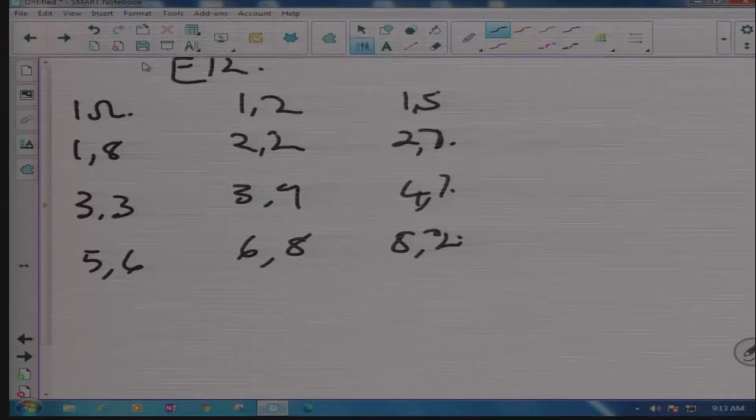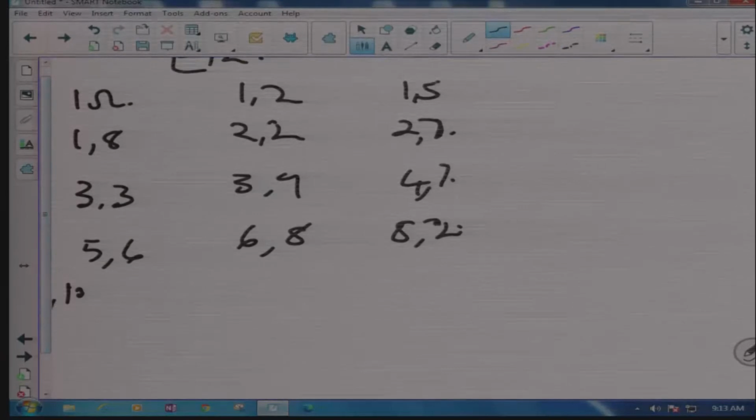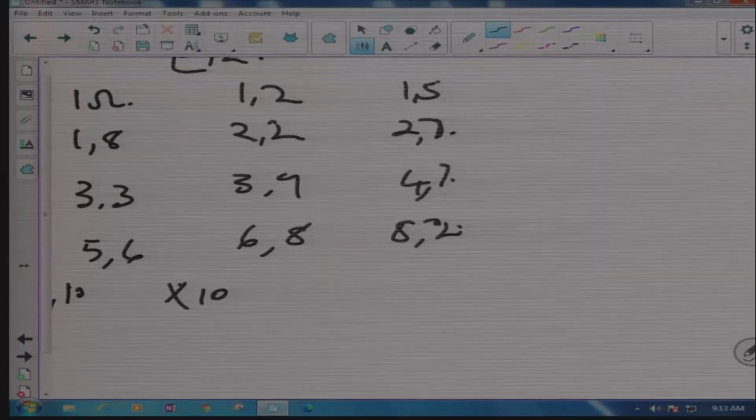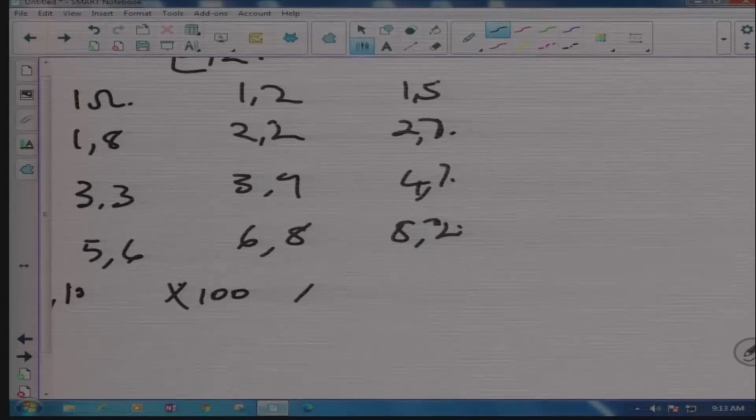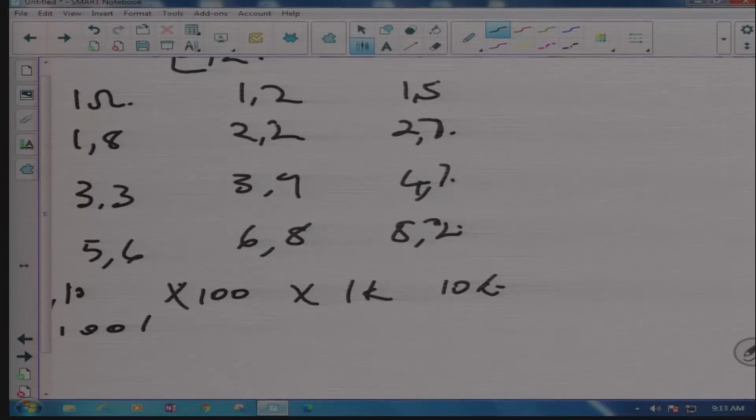In other words, these resistors are available in multiples of 10, of 100, of 1K, of 10K, of 100K, even of 1 mega.